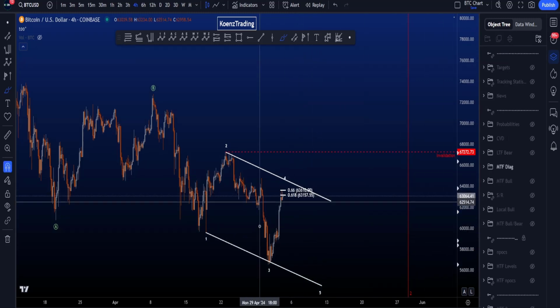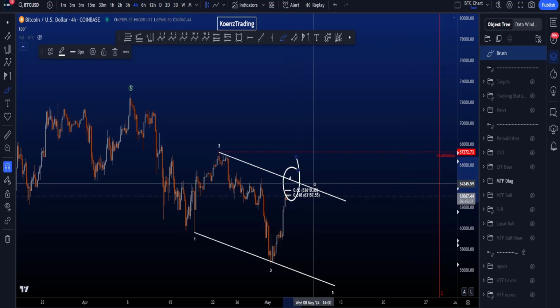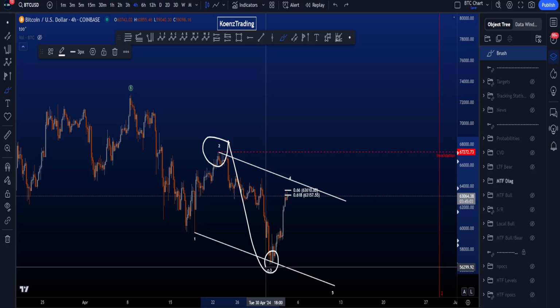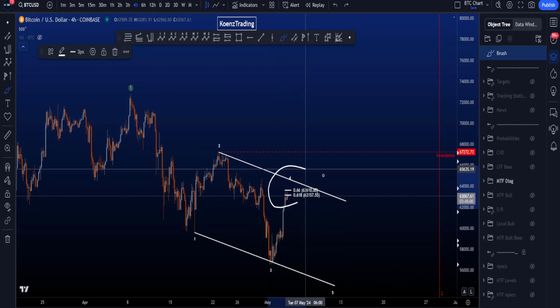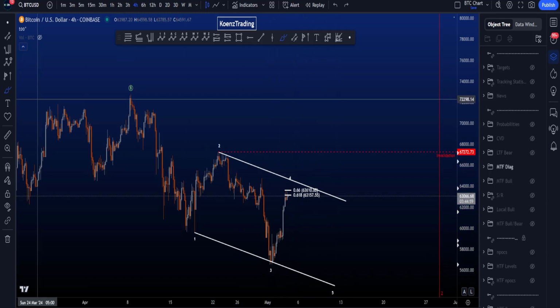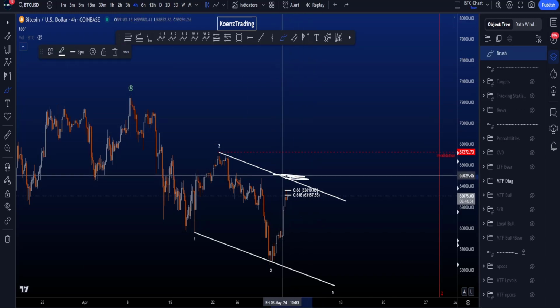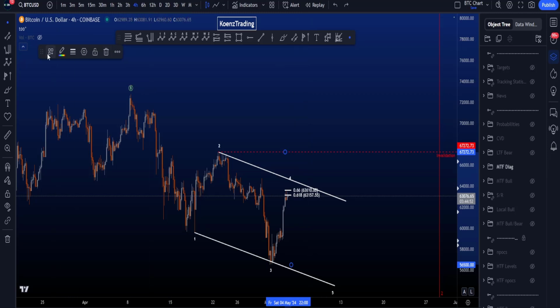Currently, this wave 4 retraced to the golden pocket taken from the high of 2 to the low of this wave 3, which is still a common target area for a wave 4 in a diagonal structure, but you don't really want to see it move higher to the 0.786. And the 0.786 is just a bit higher here at 65.1k.